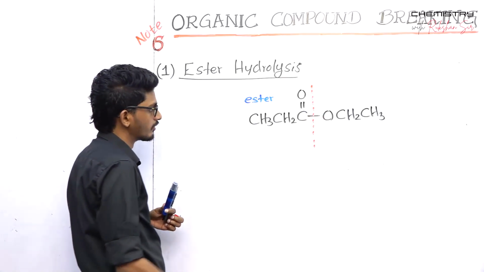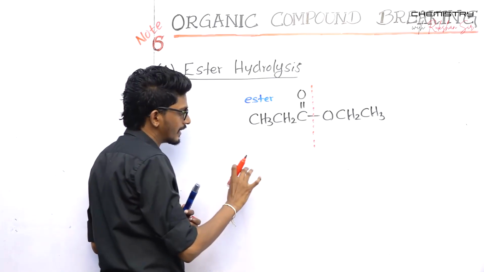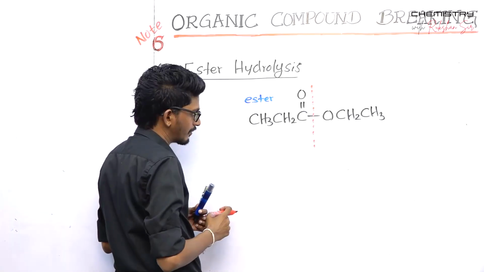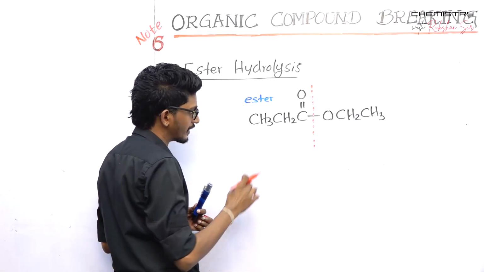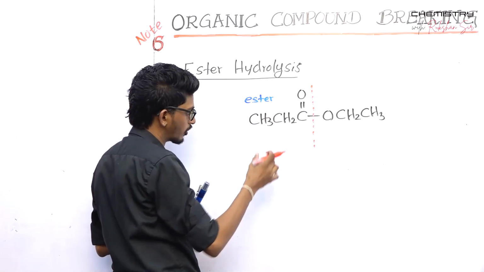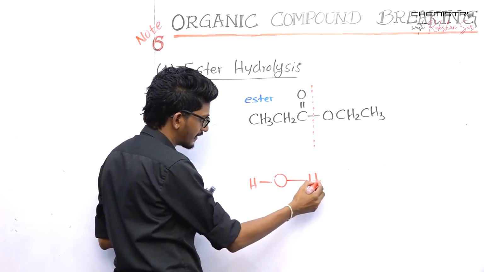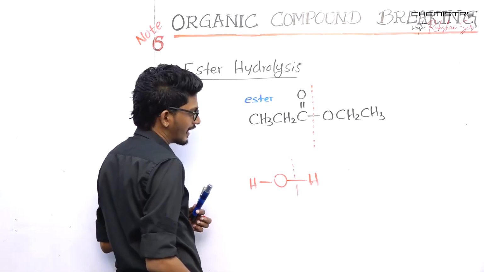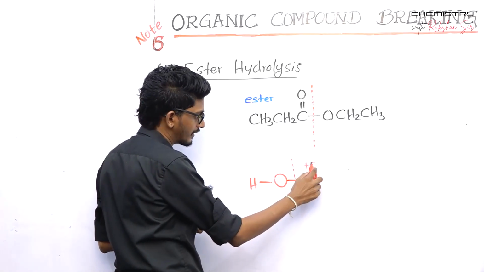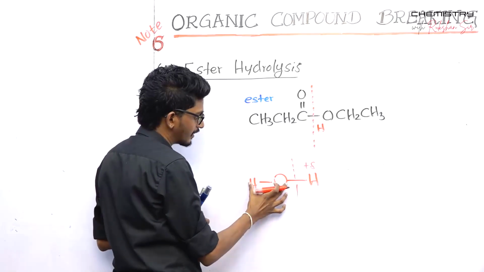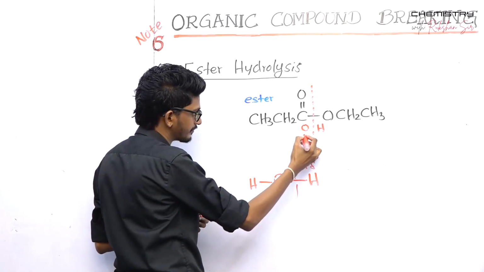In your water molecule we have a positive pole and a negative pole. The positive poles are the two hydrogens, and the negative pole is the oxygen. So the water molecule will break here, giving the positive hydrogen to here and the negative oxygen to here.